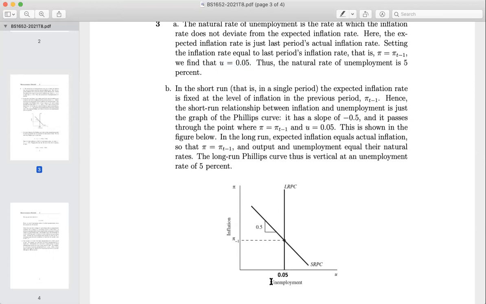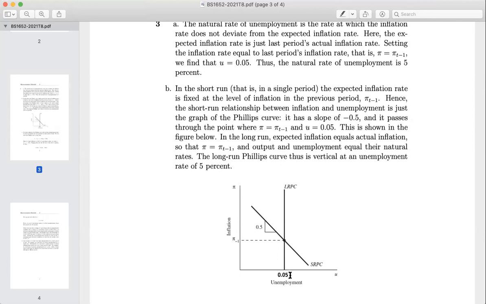So remember, at the natural rate of unemployment, that is exactly where the full employment output level is. So there's no cyclical unemployment.